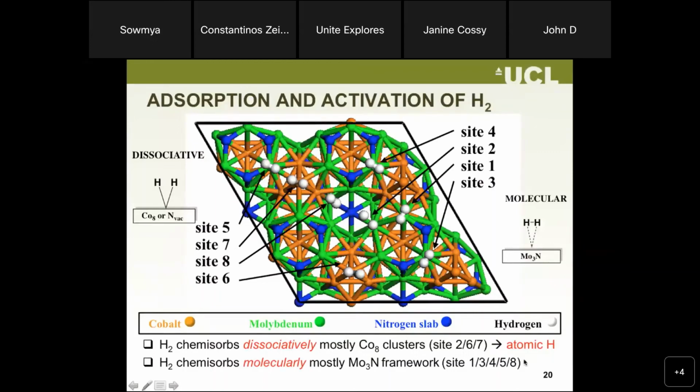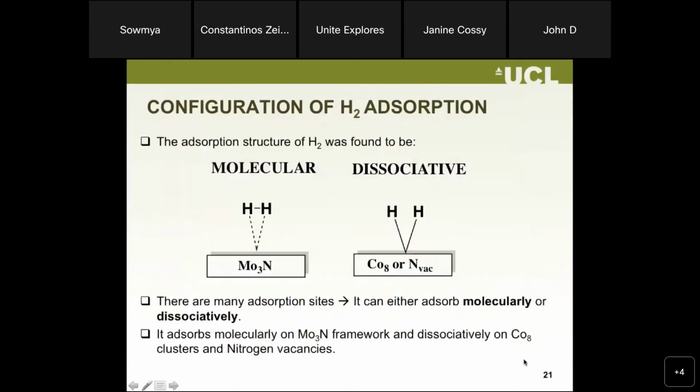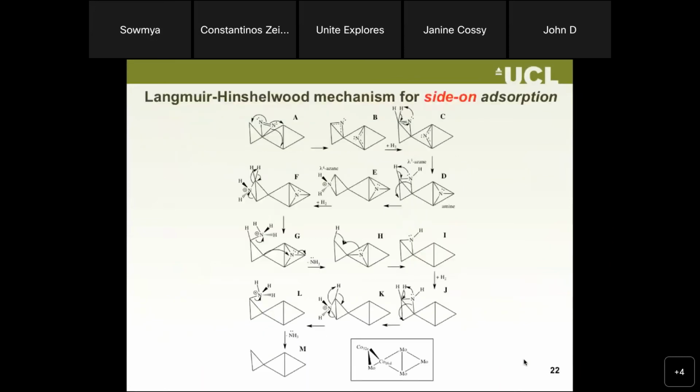So using this knowledge of these two adsorbed structures, the molecular and the dissociative form of hydrogen on this catalyst, we were then able to design the complete Langmuir-Hinshelwood mechanism for the reaction, which is shown in this picture here. Just to go through this diagram a little bit, you have the adsorption of nitrogen, the dissociation of it. Then hydrogen adsorbs dissociatively on the cobalt-8 cluster.